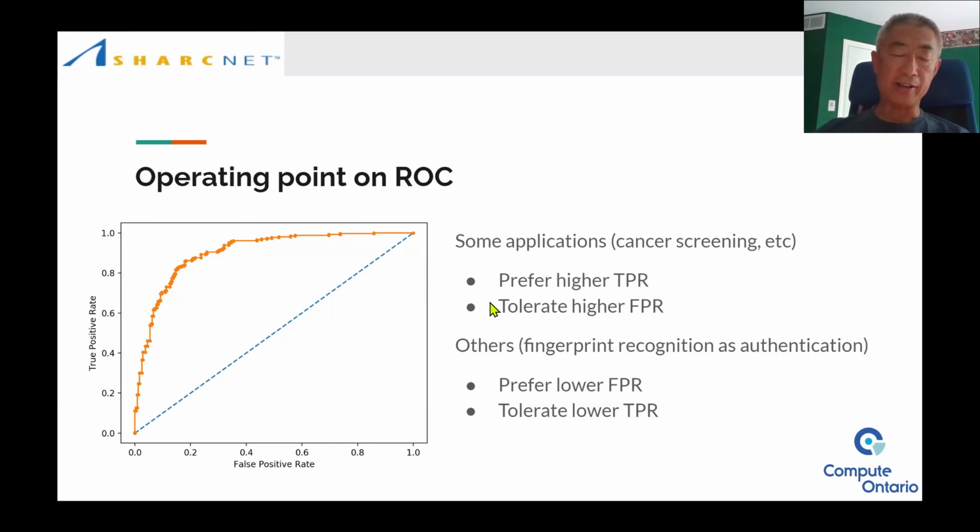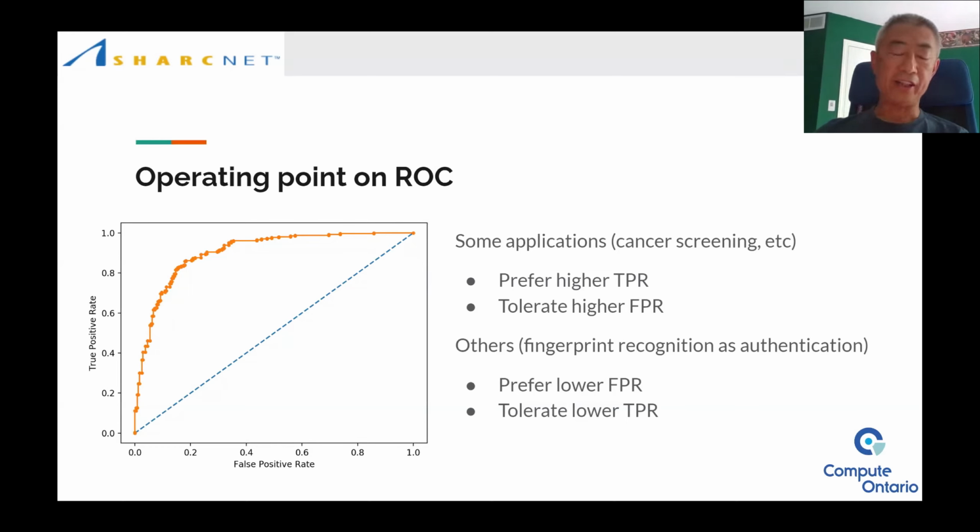Here, the dashed line represents the baseline model, which just gives a random prediction or classification, and the area under the dashed line is 0.5.